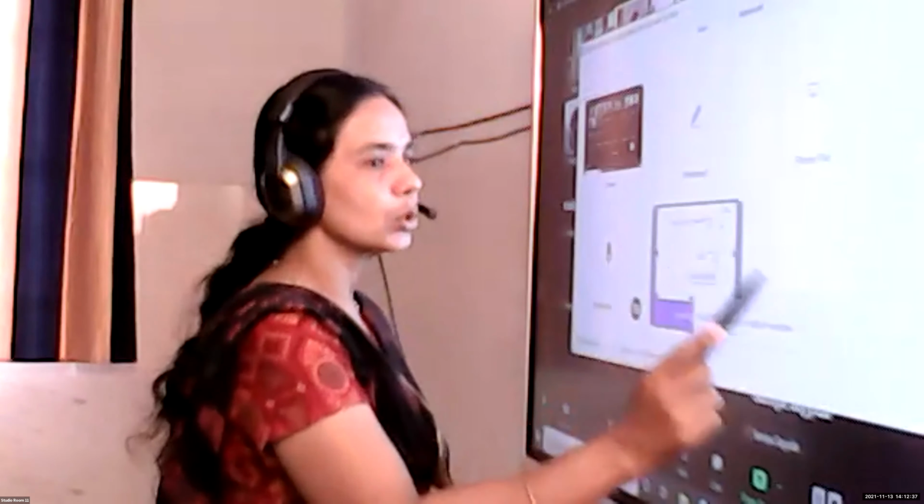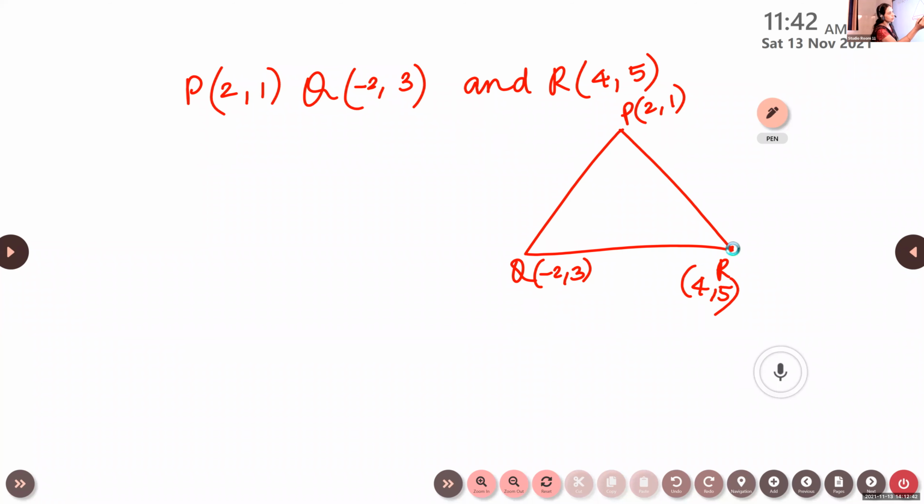So here we want to draw the median from the vertex R. So we have to join with the midpoint of which side? Pranav, we want to find the median from R. Median means one vertex to the opposite side's midpoint.